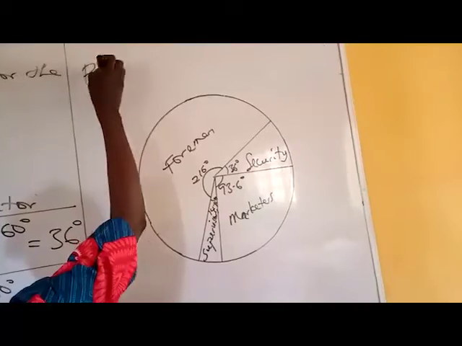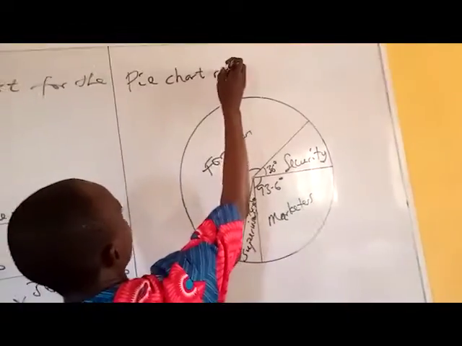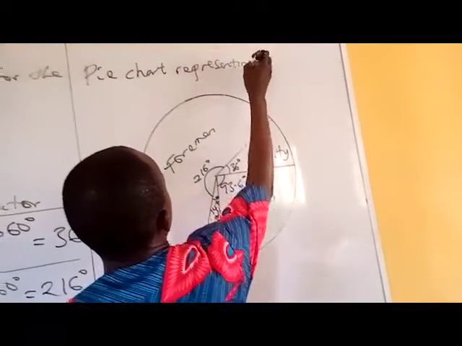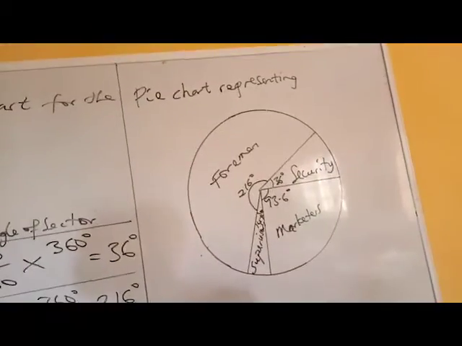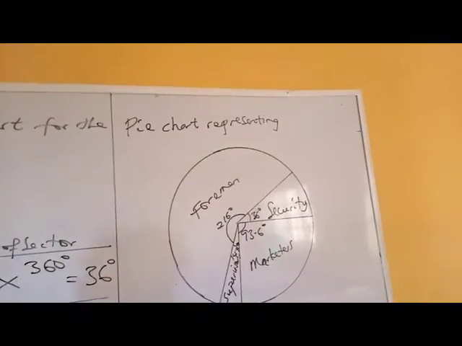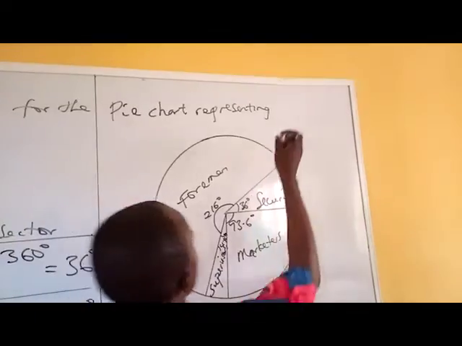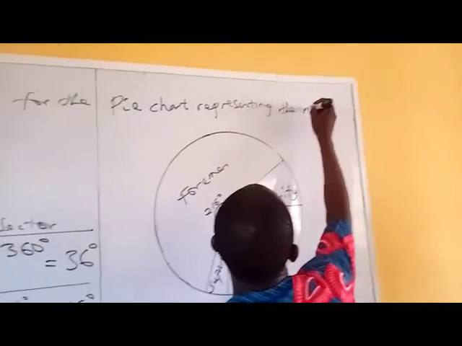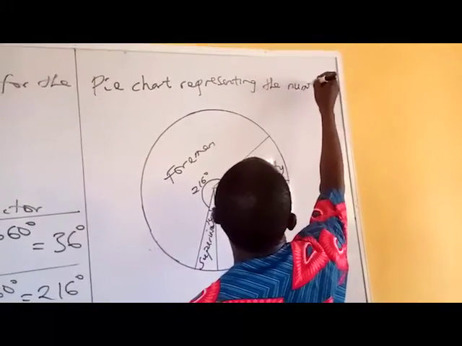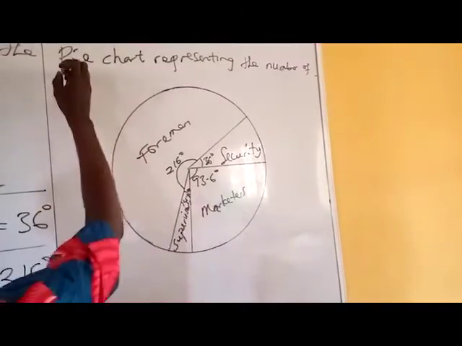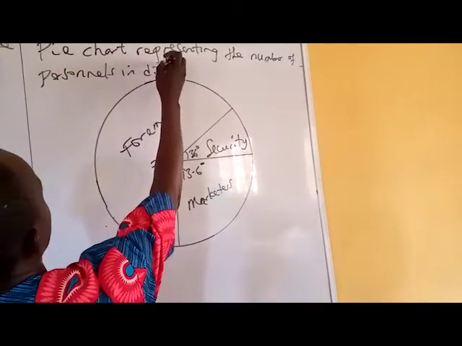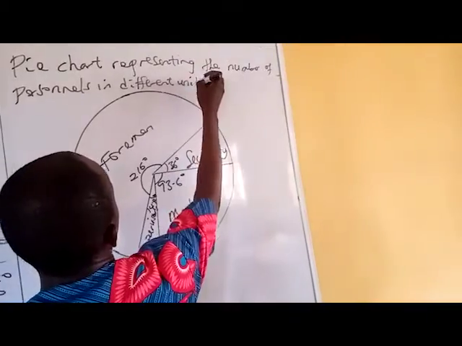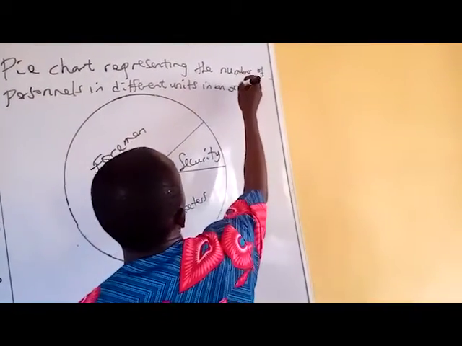So I'll just take my title as pie chart representing the number of personnel in different units in the organization.